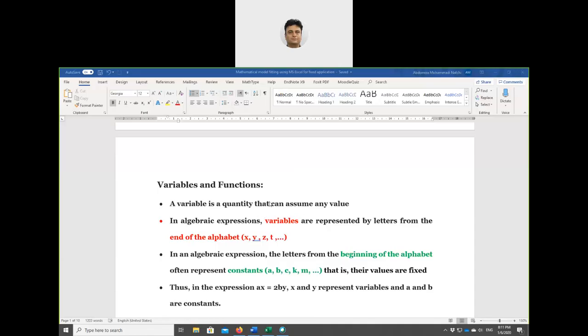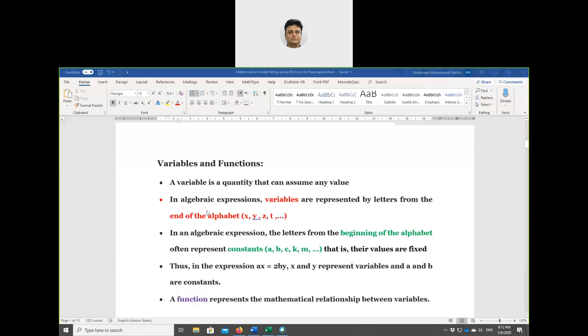In an algebraic expression, variables are represented by letters from the end of the alphabet. We use x, y, z, t as variables.